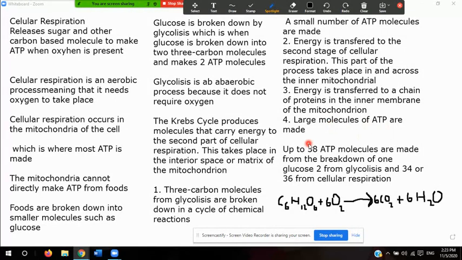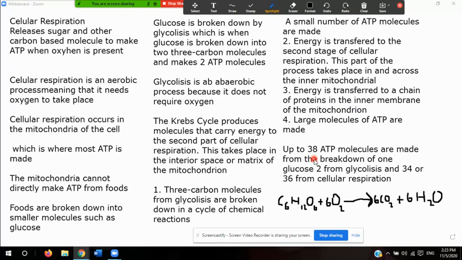Okay, so again, first step is that the glucose, which is this molecule right here, this chain is broken down, and you have 2 3 carbon-based molecules. And the second step, energy is transferred to the second stage of cellular respiration. And the third step is that energy is transferred to a chain of proteins.